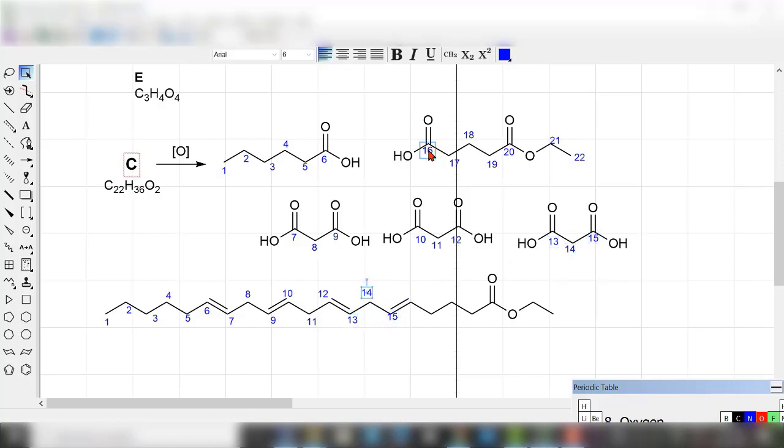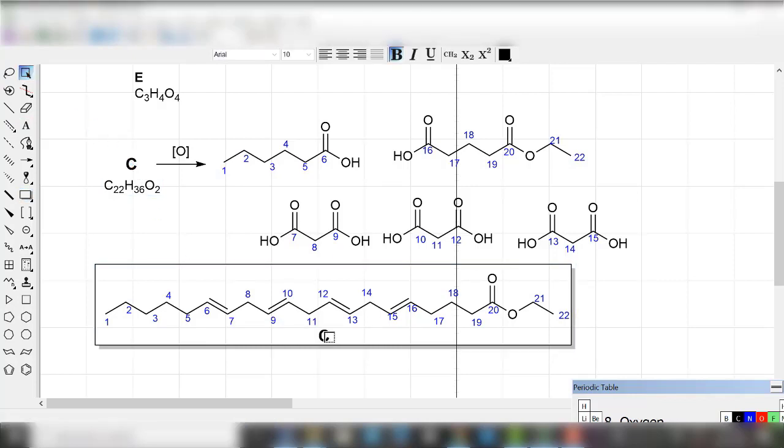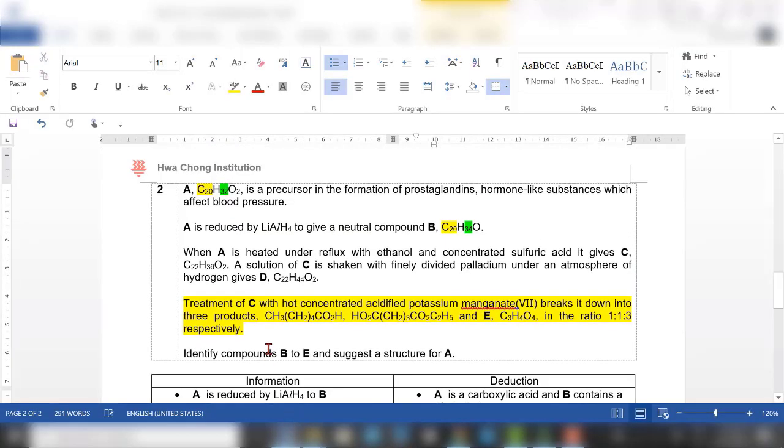And then for 16 onwards, I think the rest will fit in really nicely. Okay, hopefully. Yeah, almost. Not perfect. Okay, so in that case, this will be your C. Okay, so if you know what C is, I think you can easily tell me what is A.